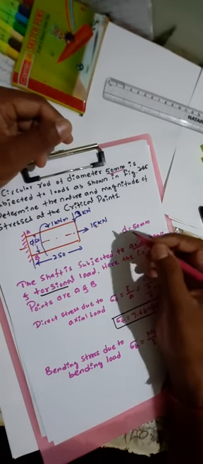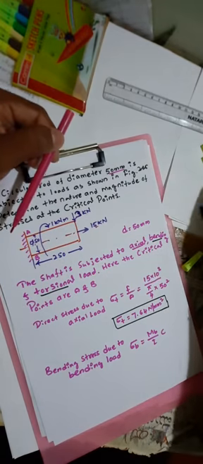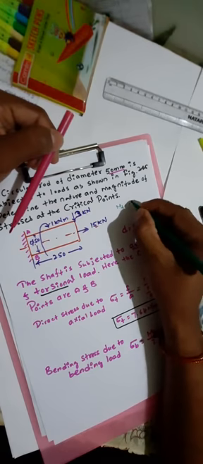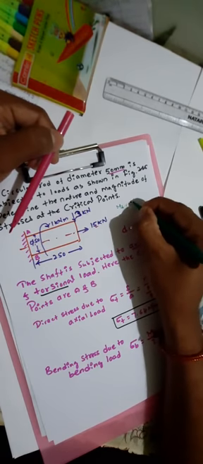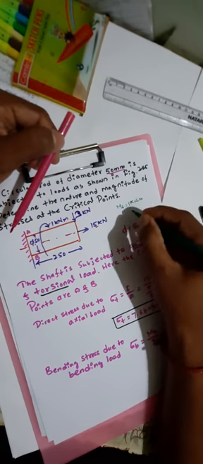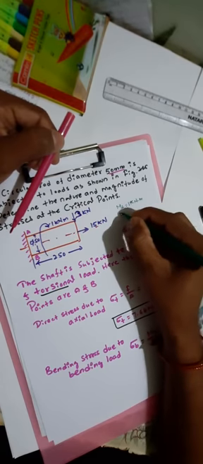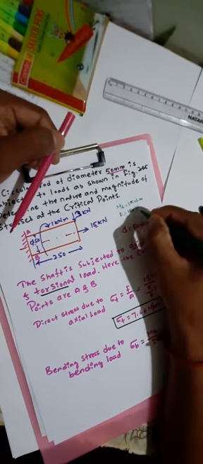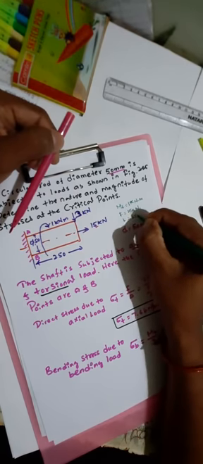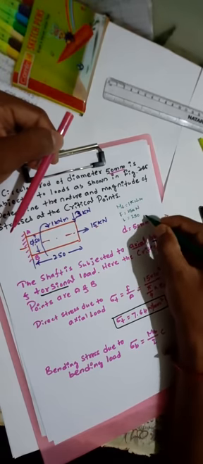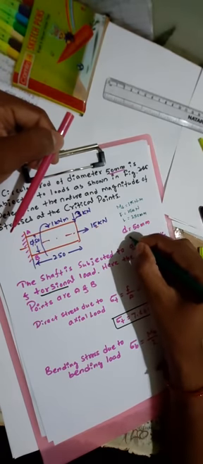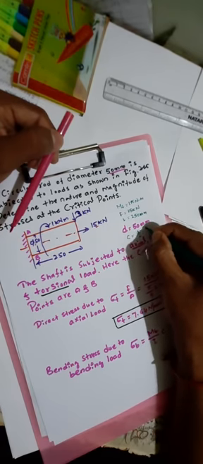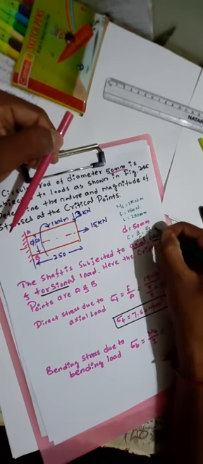If you note down the given data, this is the given data. Mt is equal to 1 kilonewton meter, F is equal to 15 kilonewton, and L is equal to 250 mm, and C is equal to D by 2, that is 50 divided by 2, we will get 25.